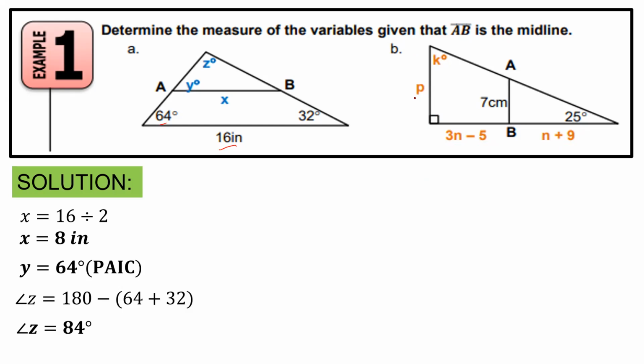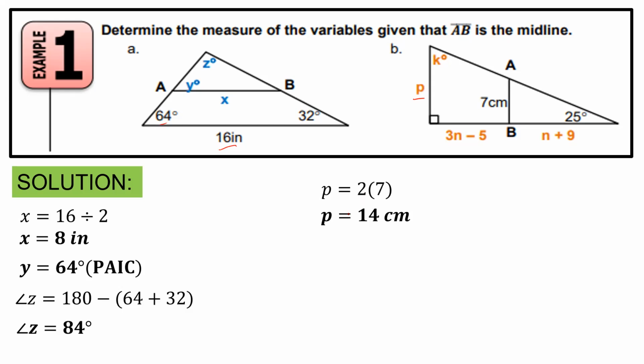First, we need to find the value of p. To get that, just multiply 7 centimeters by 2. So we have p is equal to 2 times 7, which is equal to 14 centimeters.